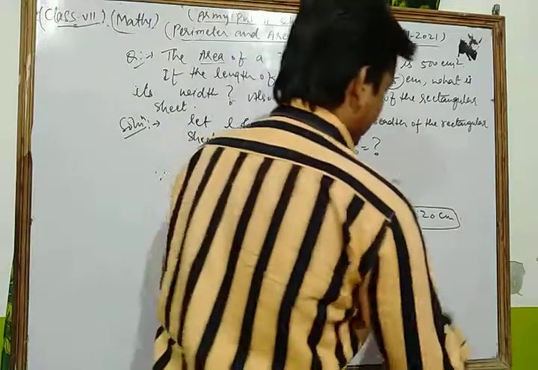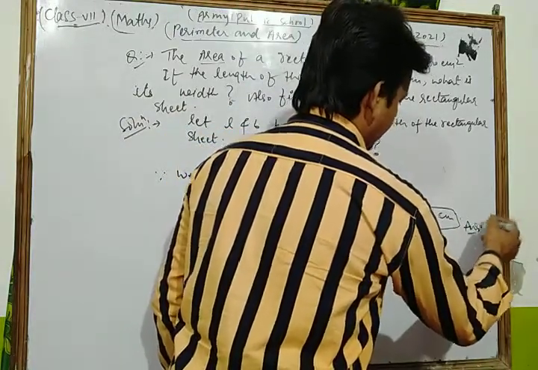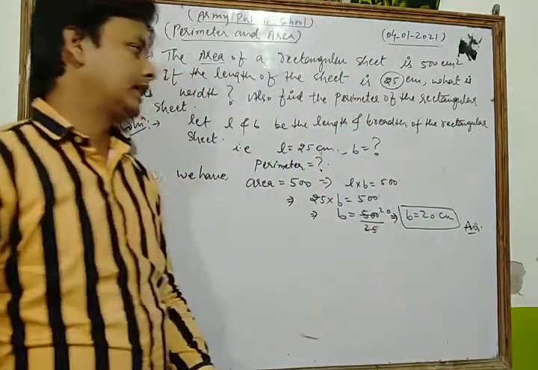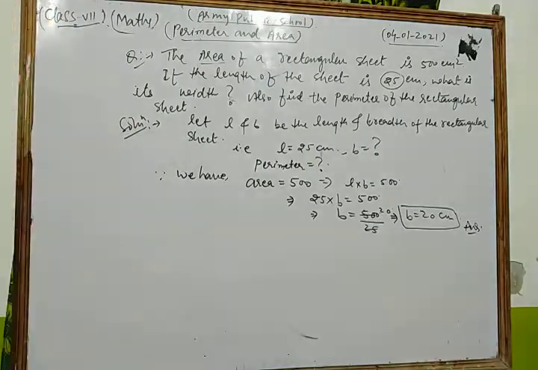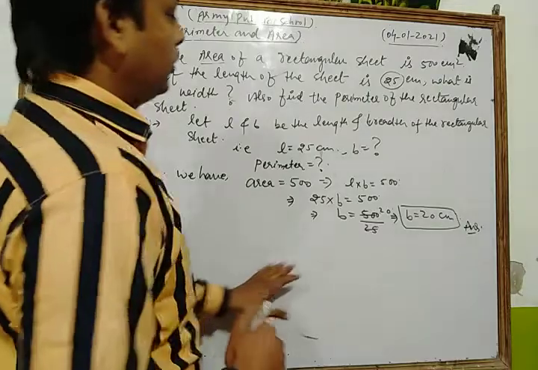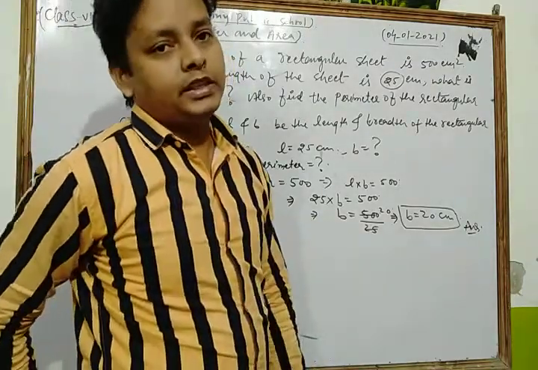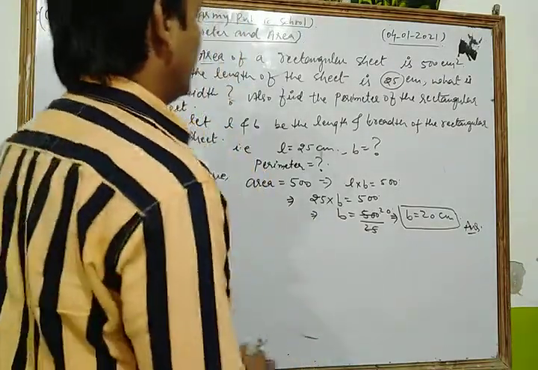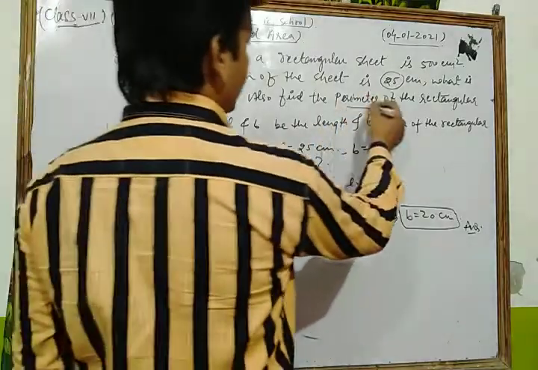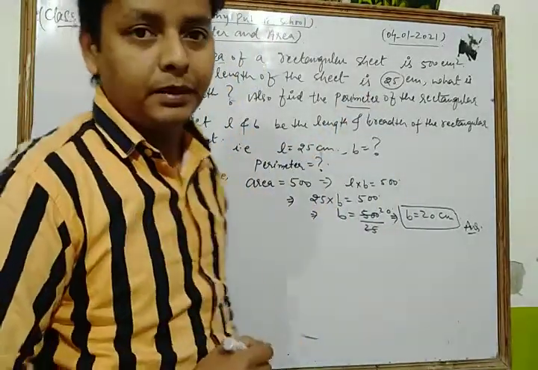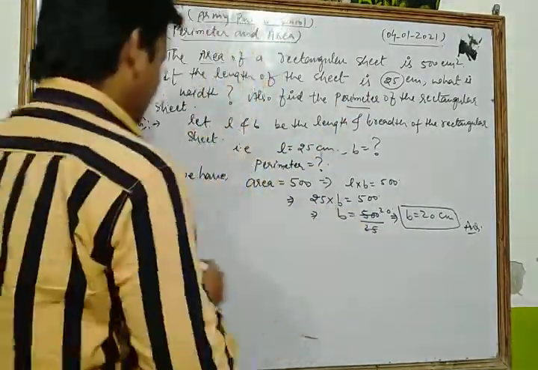This means the breadth of the rectangular sheet is 20 centimeter. Now, dear students, we also find the perimeter of the sheet.